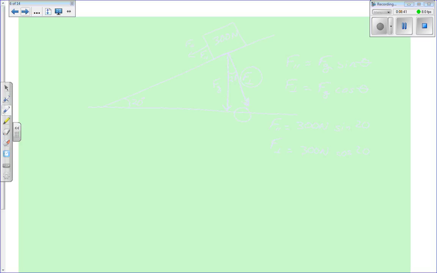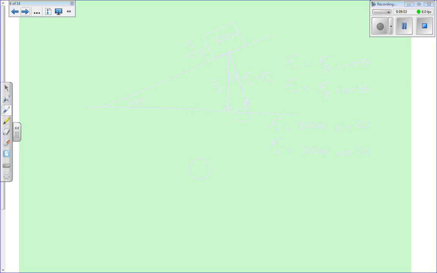And because F perpendicular is perpendicular to the surface that the object is sitting on, F perpendicular is the normal force when an object is sitting on an inclined plane.